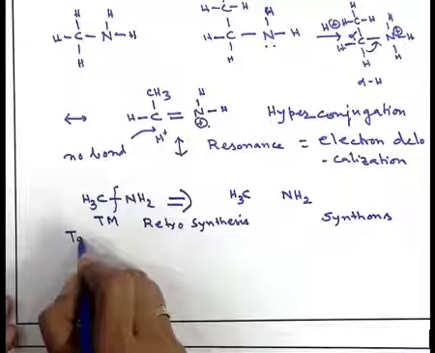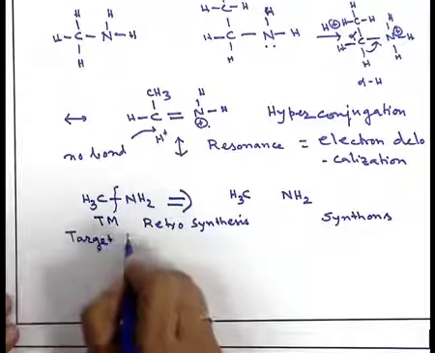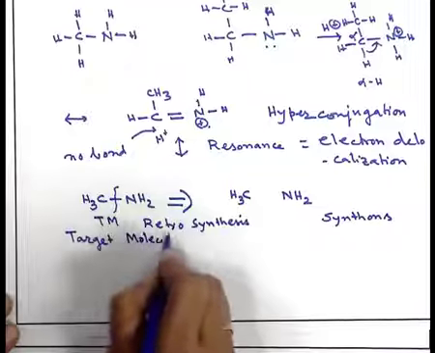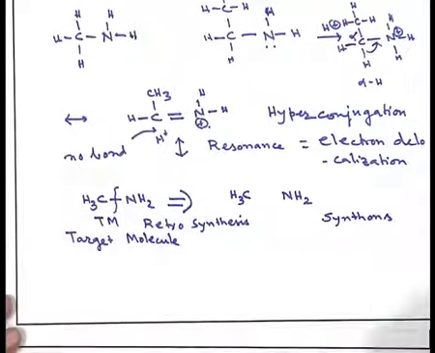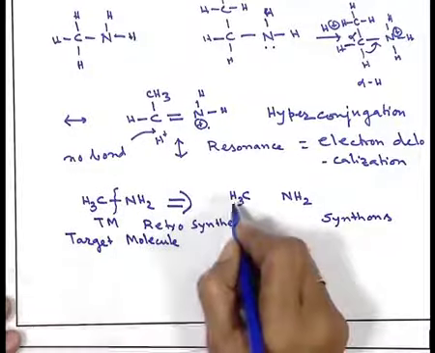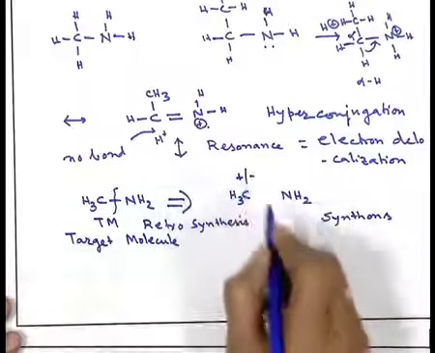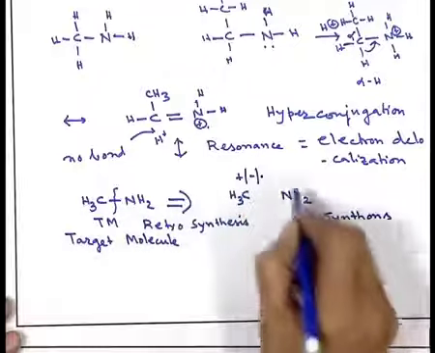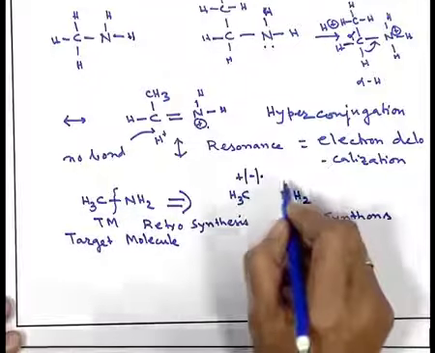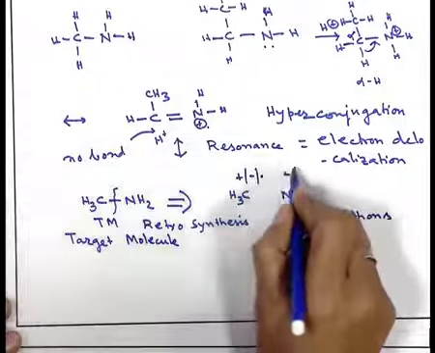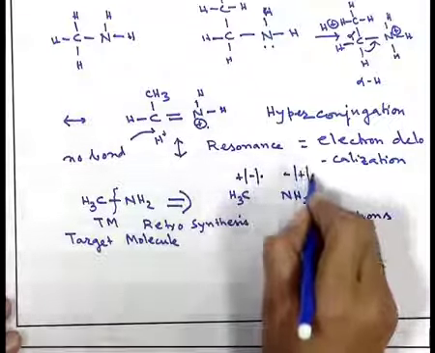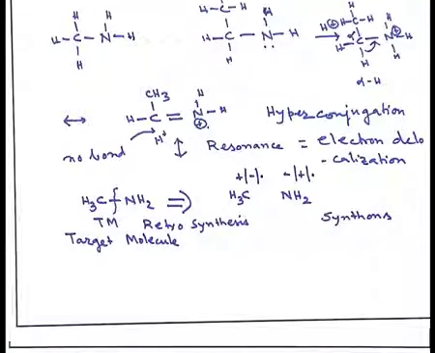So, I should write methylamine in this case as TM, the abbreviation of target molecule, and these synthons are methyl and amine, because this methyl may be positively charged, may be negatively charged, may be a radical. Likewise, for NH2 also, the nitrogen atom may be negatively charged, may be positively charged, or it might also be a radical.